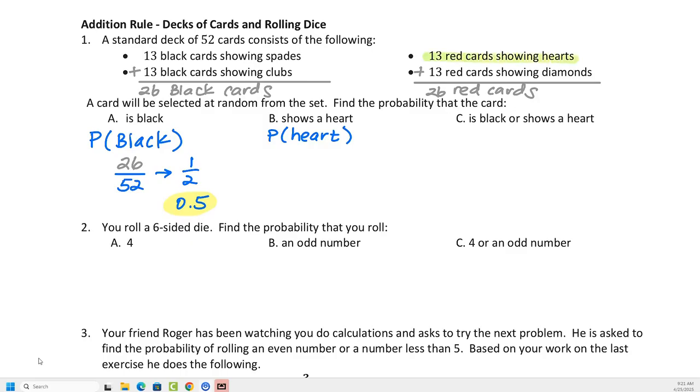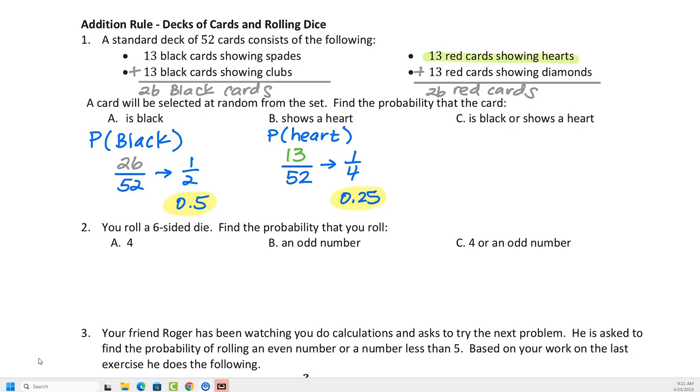So I'll write 13 here, and then that's over the total number of cards, which is 52. That reduces to 1/4, which is 0.25. Do you have to reduce the fraction? The answer is going to be no, if you are writing your answer as a decimal. So I'm writing my answer as a decimal, so I don't have to reduce, but it's pretty basic.